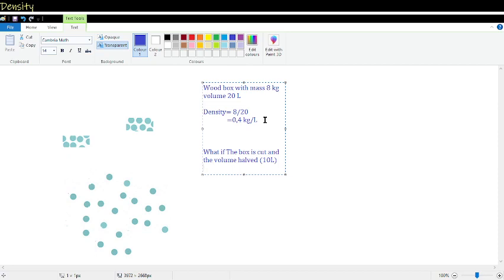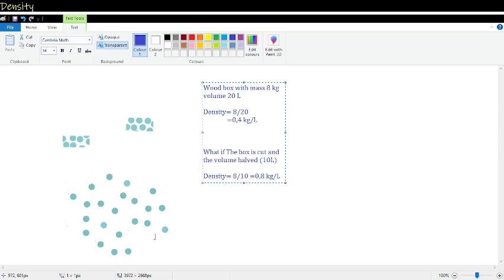If you only memorize the formula without actually imagining what happened in the question, then maybe you will think, okay, the volume becomes 10, and it means the density becomes 0.8 kilogram per liter. Oh, it becomes denser, the density is increased, and of course this is wrong.